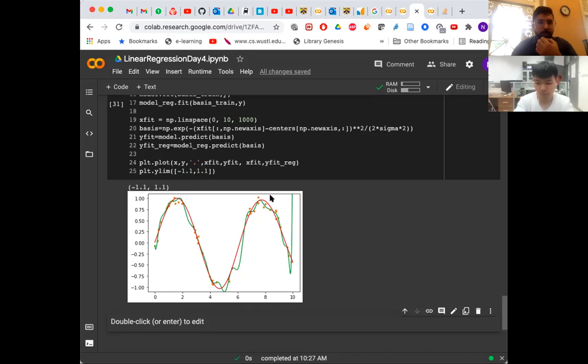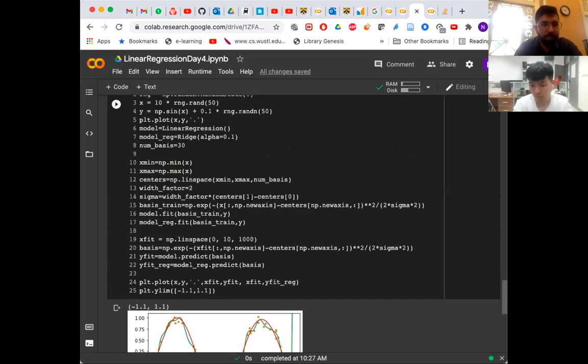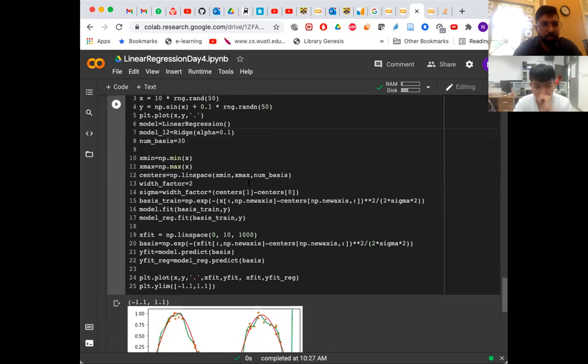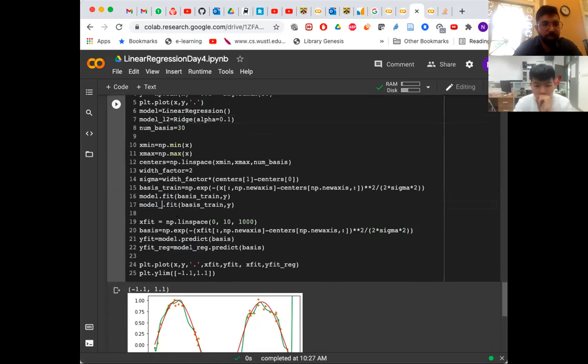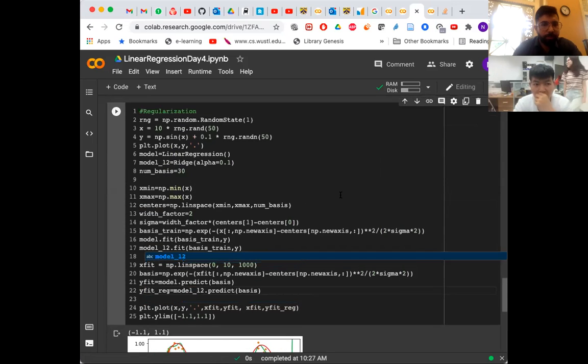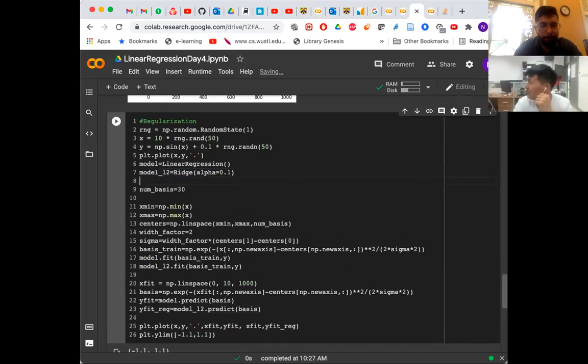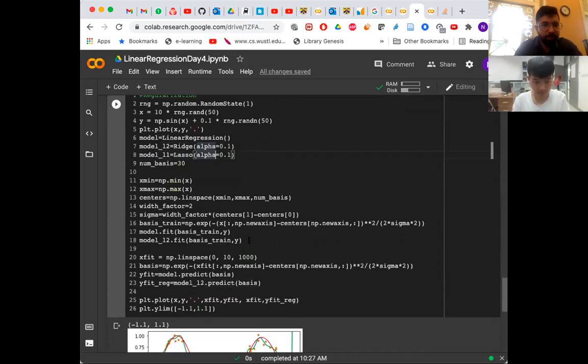Okay, let's do L1 regularization as well. I'll do it the same way. So probably this is not a nice notation. I should call it L2. Hopefully it calls this parameter alpha as well, so I don't have to change anything.